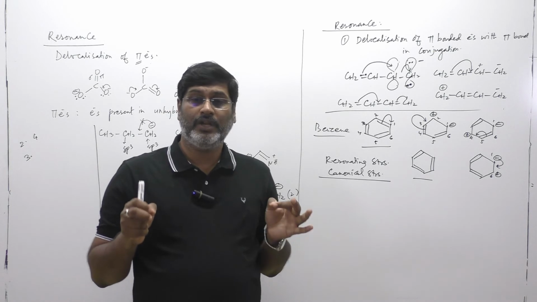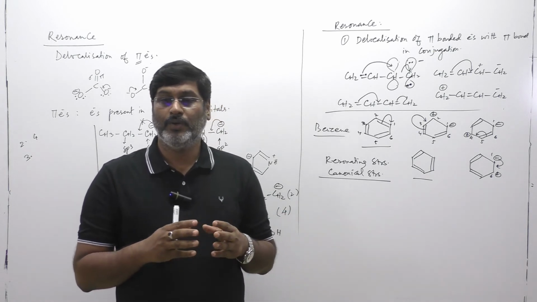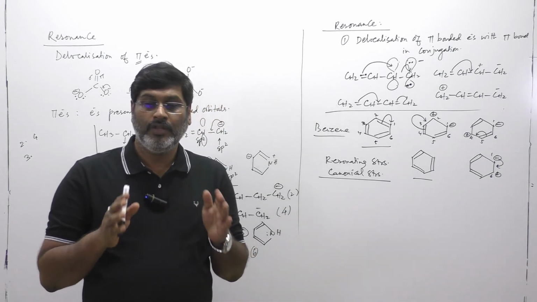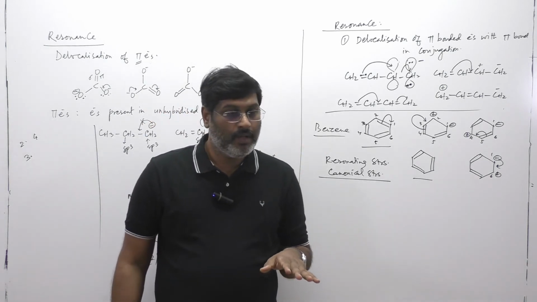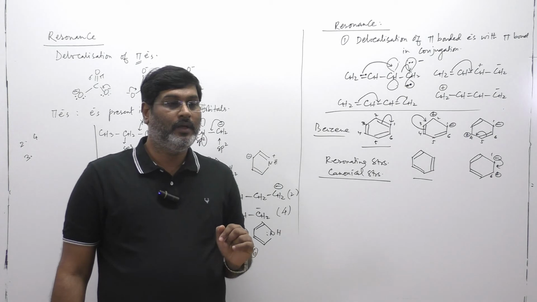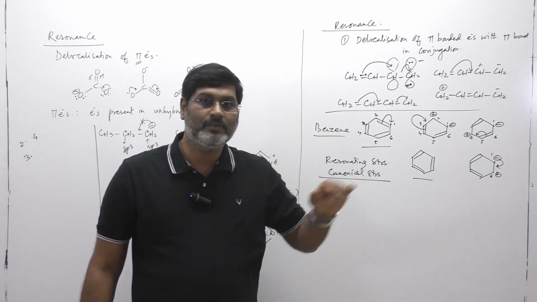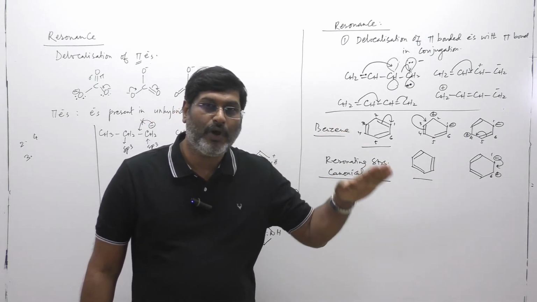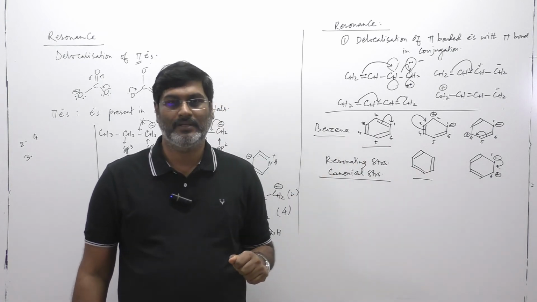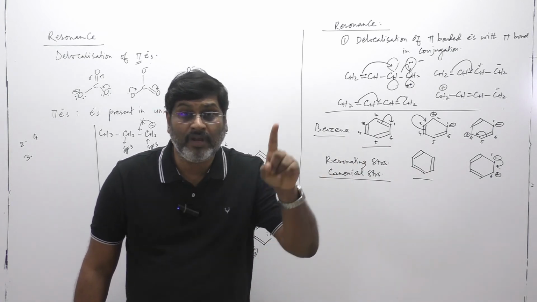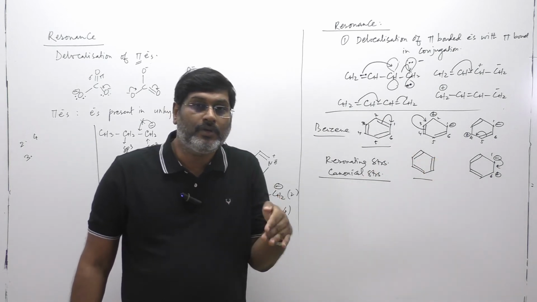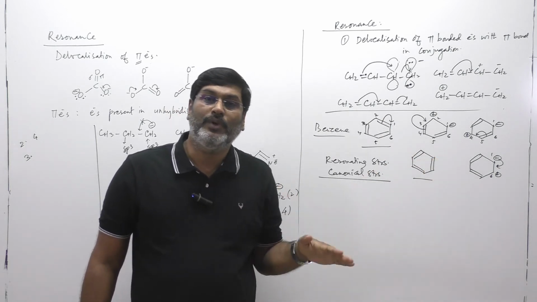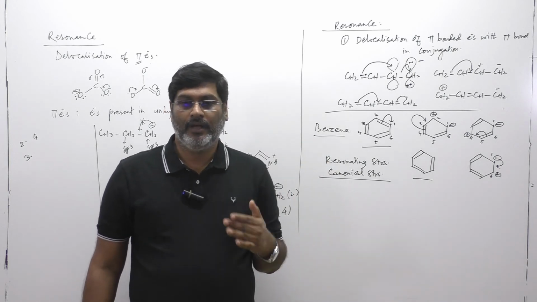In resonance, when you express one molecule in various forms, in various electronic arrangements, those various electronic arrangements are called resonating structures, canonical structures. I hope you got it.